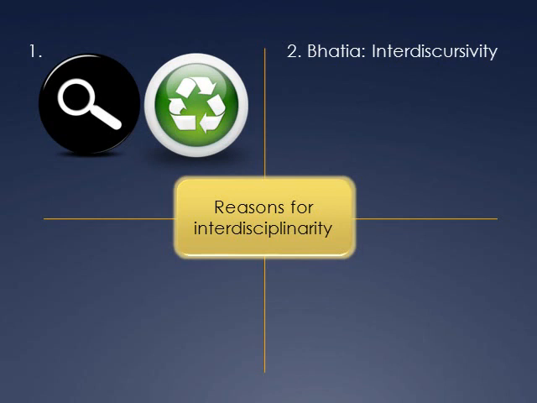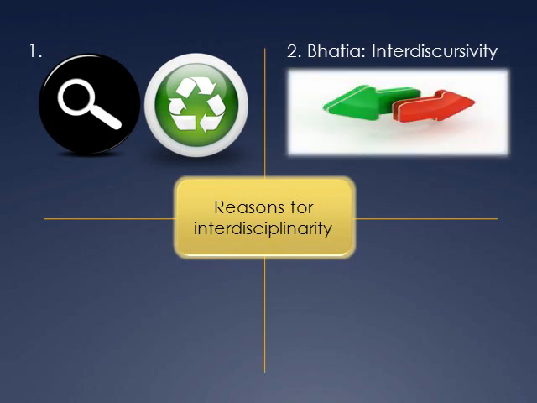Such triangulation is seen in the research of Bhatia. Bhatia proposes that academia and professional practice could complement each other by considering the text external factors of the production and distribution of knowledge. Bhatia acknowledges the foundational connection that exists between theory and practice through a process called interdiscursivity.